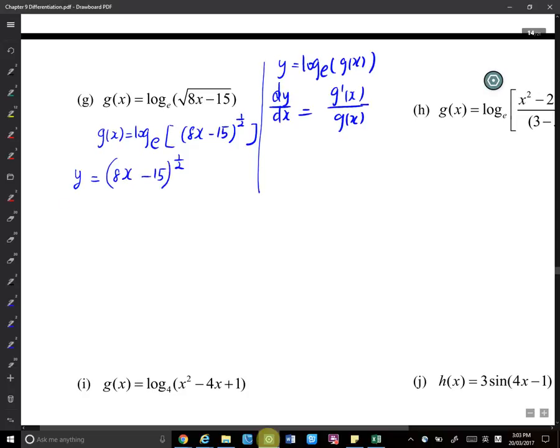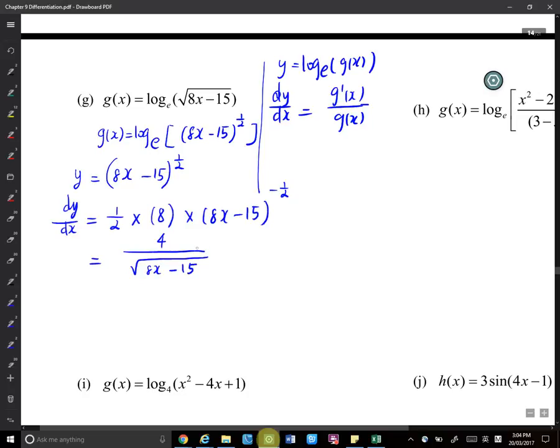I need to use the chain rule. dy/dx equals: drag the power down, which is a half, derive what you have inside, which is 8, reduce the power by 1, which is negative a half. That gives you 4 over the square root of 8x minus 15.